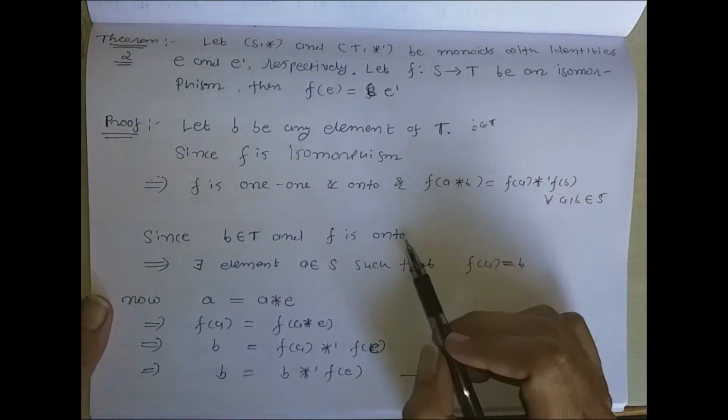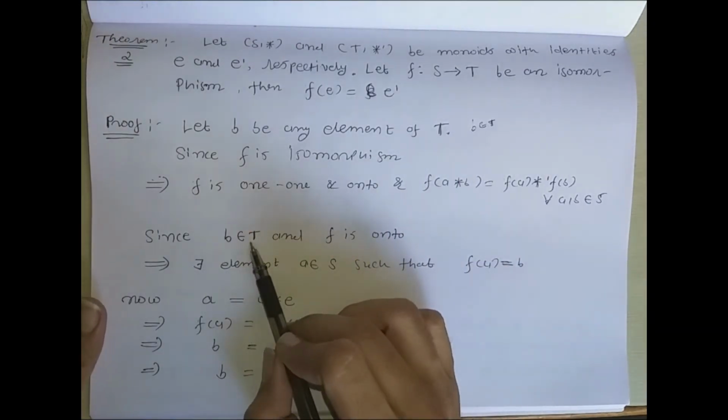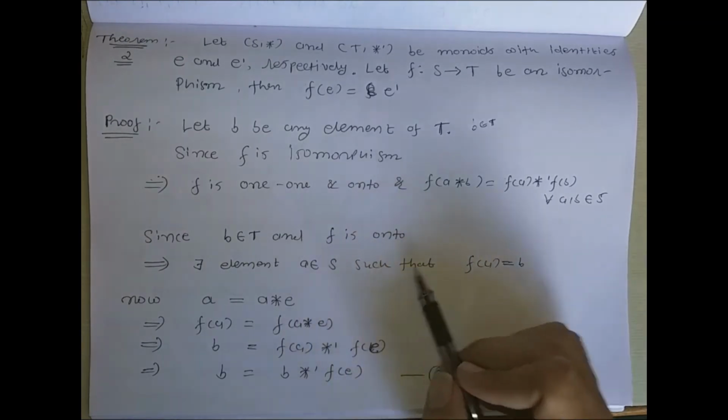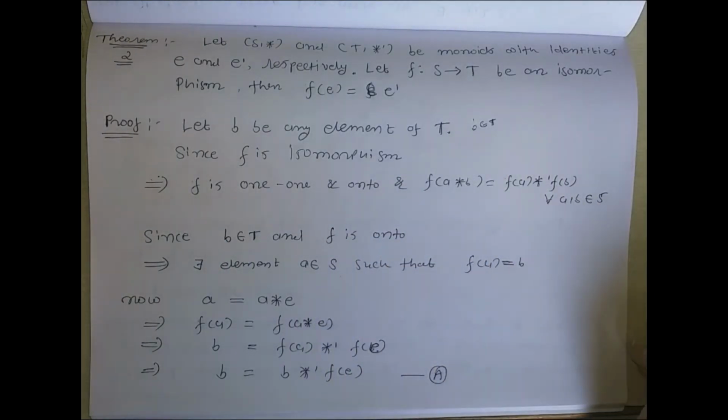From the definition of ontoness, for B belonging to T, there exists an element A belonging to S such that F of A is equal to B.